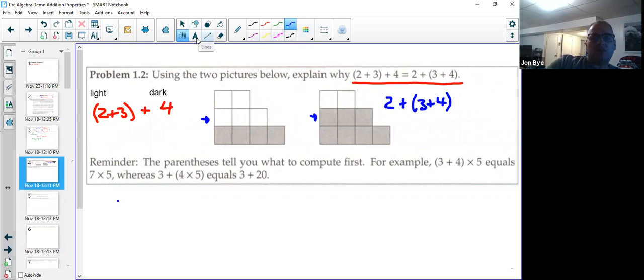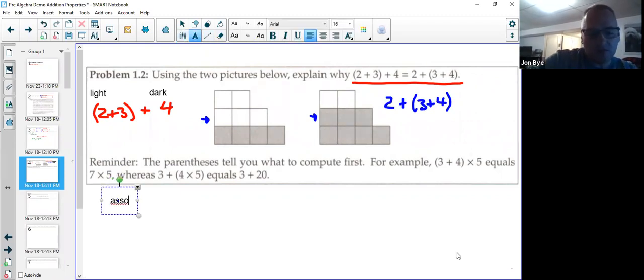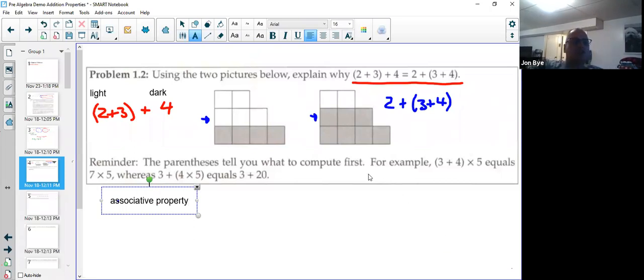Let's go to the text here. The associative property just means that if it's addition, you can put the brackets around whatever piece you want. You can either add the first two and then the third one, or add the last two and then add the first one on after.